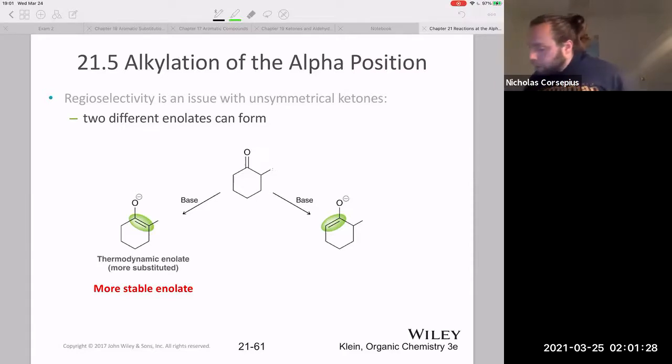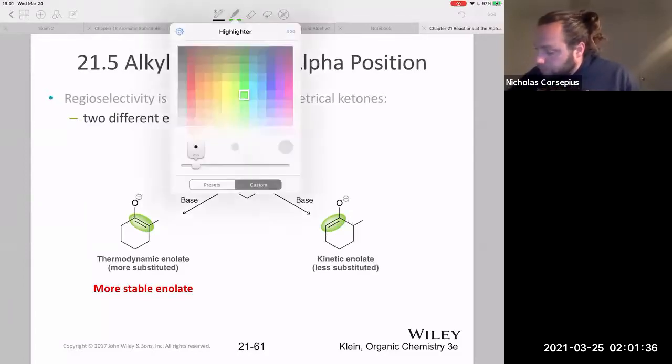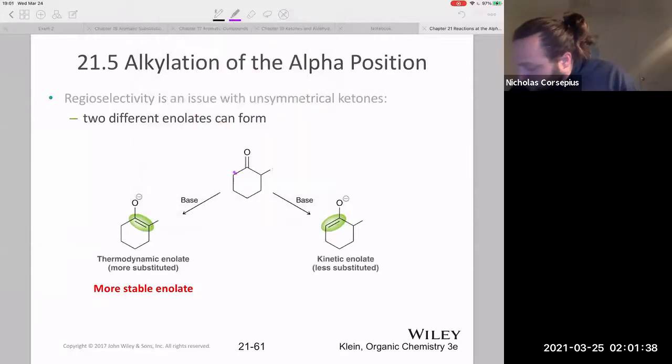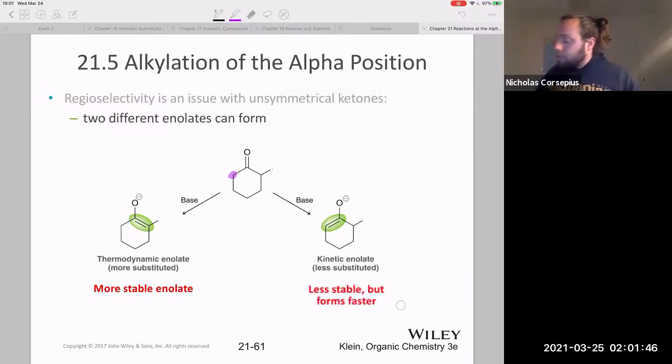However, this one is the kinetic enolate, right? It's going to form the fastest because it would require removal of an alpha hydrogen from this carbon right here, which is less sterically hindered. So although the other enolate ion is more stable, this one's less stable, but it forms faster, right?